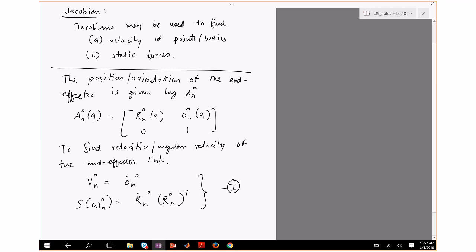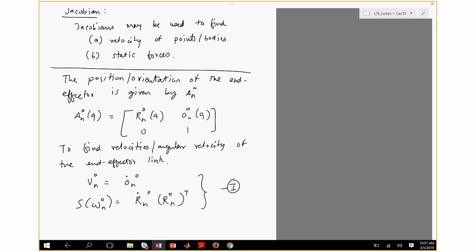So this is how you can do it if I did not tell you anything about the Jacobian. There's no Jacobian here. Jacobian will be denoted by the symbol J. This is how you would do it if you knew nothing about Jacobians: find A_N, take the derivative of this term, multiply with the transpose.